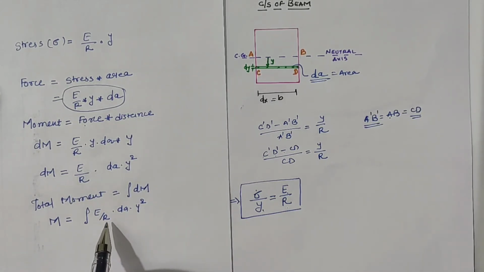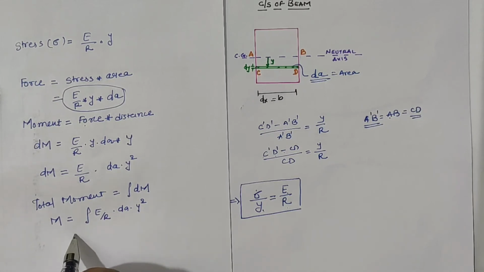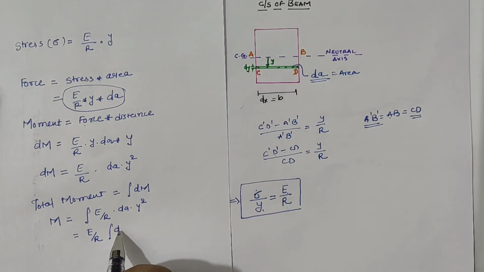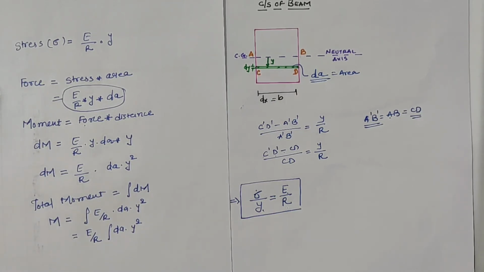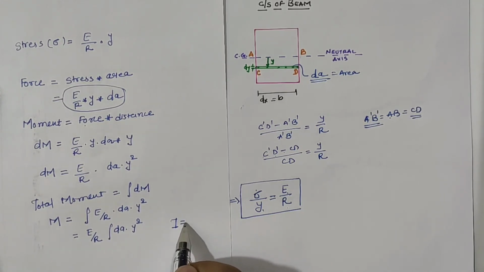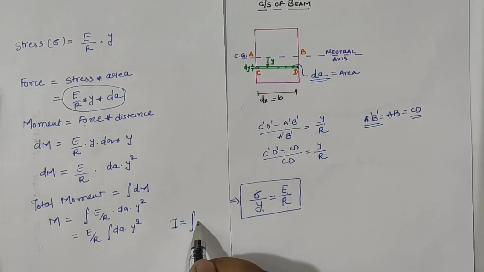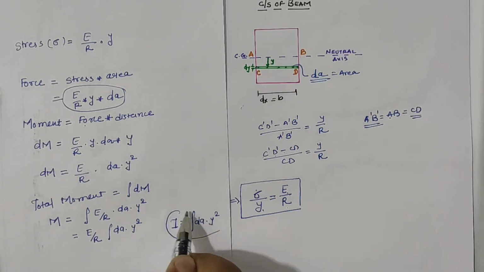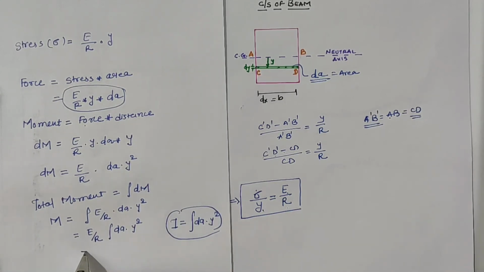Now E and R are constant, so we can take them out of the integration, hence E by R into integration of dA into y square. But the integration of dA into y square is the definition, or we can say the mathematical formula, of moment of inertia, which is I is equal to integration of dA into y square.